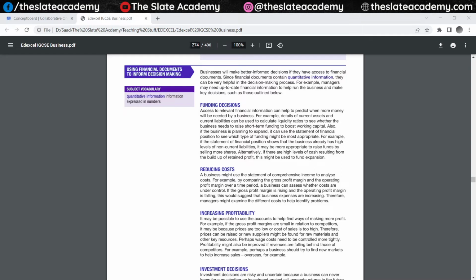Acha ji. So the type of decisions that we would base on the financial statements is, first of all, the example given over here: funding decision. So funding is when you want to fund a particular activity. So for example, you have a business and you want to start a new activity. Where would the funds for this activity come from?